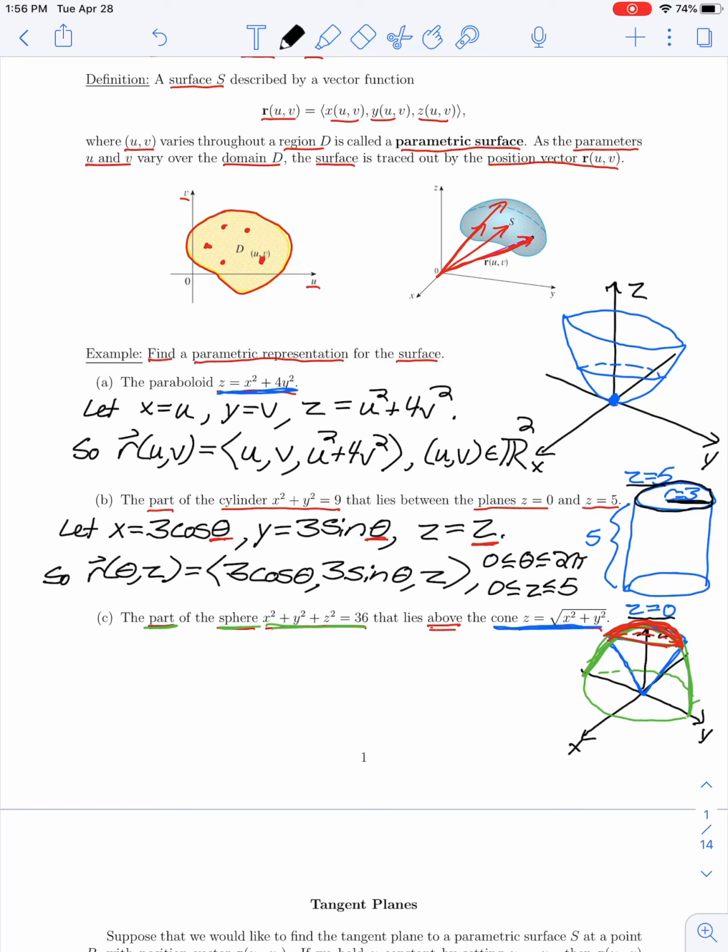So let's think about how points on this surface would be defined. Points x, y, z in terms of spherical coordinates are given by the following. X is equal to rho times sine of phi times cosine of theta. But here we have a sphere of radius 6, so rho would be 6. So we're going to have 6 sine of phi cosine of theta.